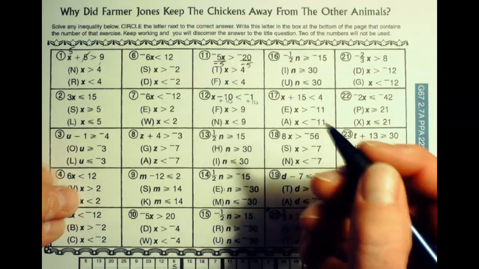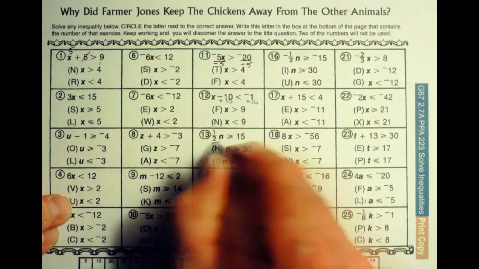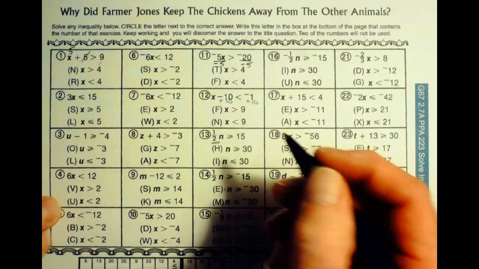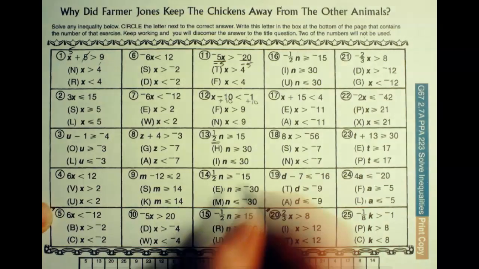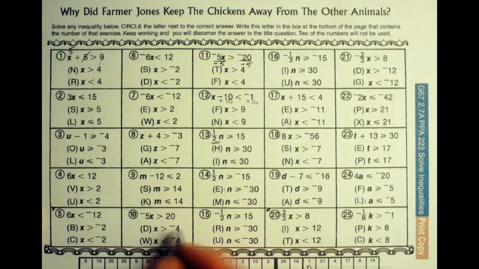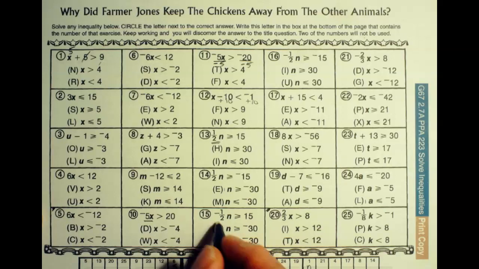Over here, we're going to be multiplying by 2. We do not need to do any flipping of the signs. Let's find one that we do. Oh, down here, look at it. Now we're going to be dividing by a negative 5, so we're going to have to flip the sign there. Here we're going to be multiplying by a negative 2 over 1. We're going to have to flip the sign. Okay, and I'm sure there are others as well.